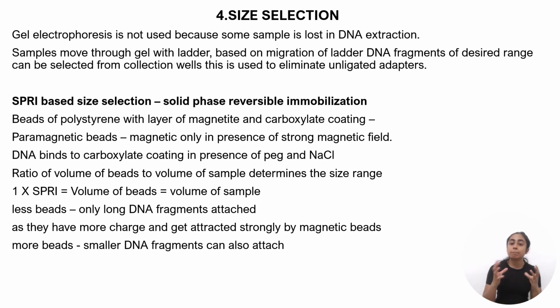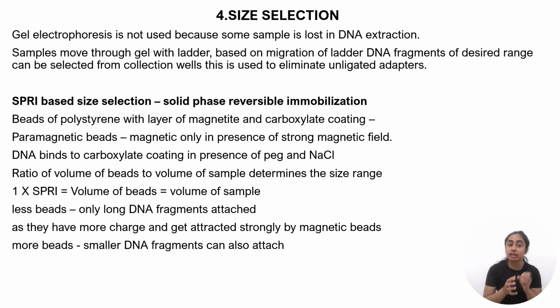So here beads are used. These beads are made of polystyrene with a layer of magnetite and carboxylate. The beads are paramagnetic, which means that they are magnetic only in the presence of a strong magnetic field. DNA binds to the carboxylate on the bead only in the presence of PEG and NaCl.